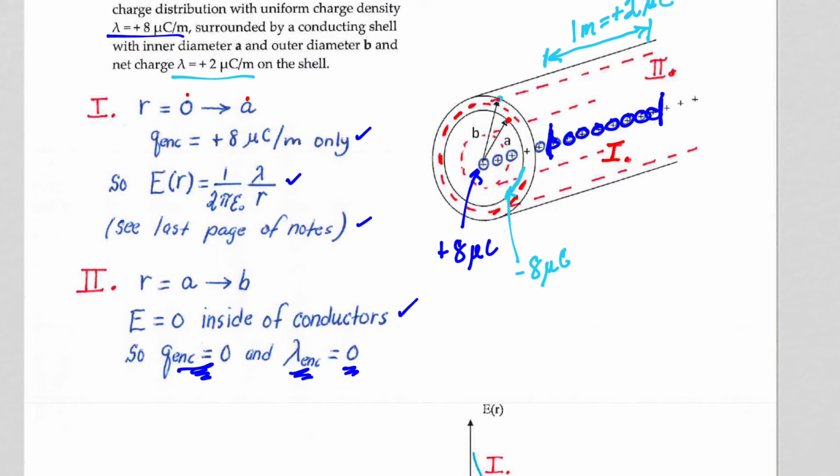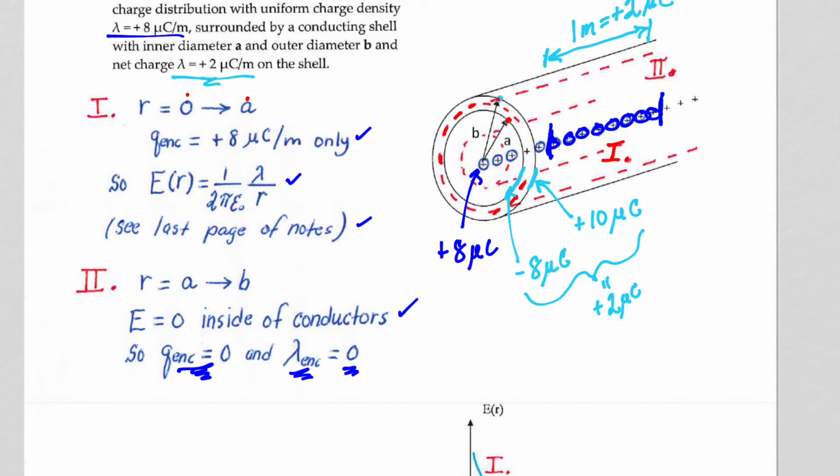Since my total is plus 2, that means on the outer portion of the shell, I have to have plus 10 microcoulombs, to allow my total to still equal the plus 2 microcoulombs per meter that we were given.